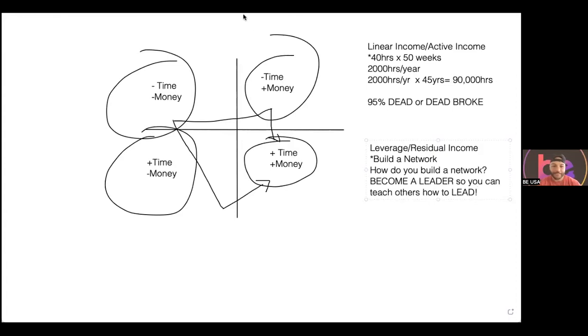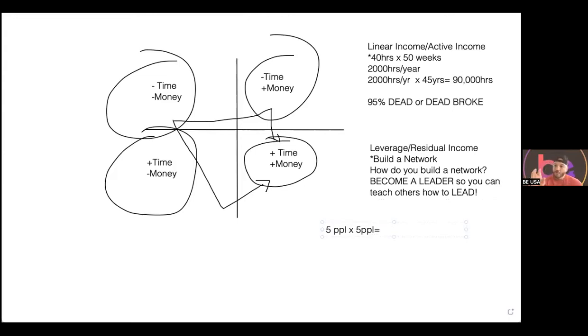And guys, this is what it starts with: 5 people. To become a leader, I just need to know that you know 5 people who don't want to be in the linear income bracket, who don't want to end up dead or dead broke. Do you know those 5 people? Yes. Now, they may not all come at once, but when they do come, guess what's going to happen? We're going to help each of those 5 people get 5 people.